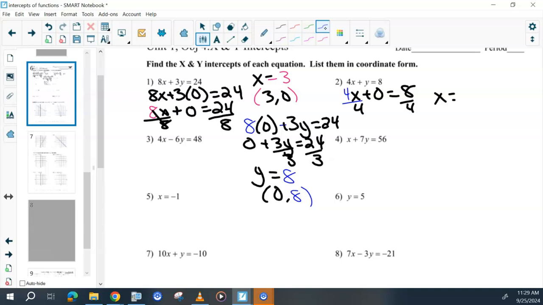And then I would write that as an ordered pair. 2, 0. And then if I were to do the same thing with y, I want to put the 0 in, but I know this is just going to be 0. I'm going to drop that, not rewrite it, and I know there's nothing in front of y, so it would just be y equals 8. How would I write that as an ordered pair?